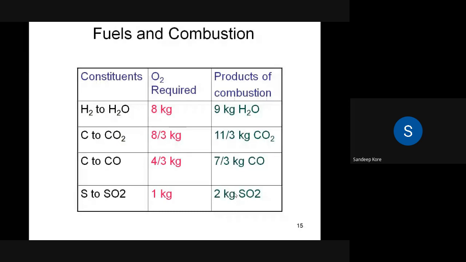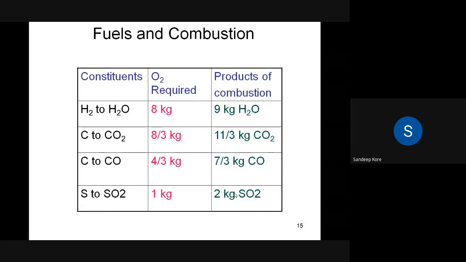For carbon to form carbon dioxide, we need 8 by 3 kg of oxygen, and it is going to form 11 by 3 kg of carbon dioxide. For carbon to convert into carbon monoxide, we need 4 by 3 kg of oxygen, and it is going to form 7 by 3 kg of carbon monoxide. For sulfur to convert into sulfur dioxide, we need 1 kg of oxygen, and it is going to form 2 kg of sulfur dioxide.